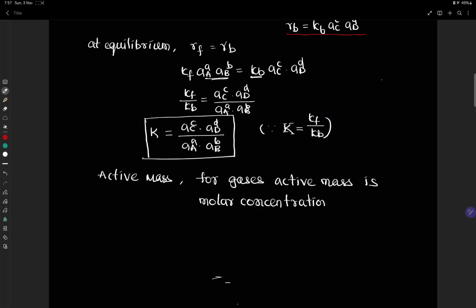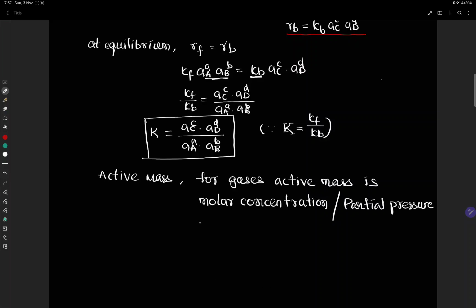In some books only partial pressures are given, but active mass is molar concentration or partial pressure.